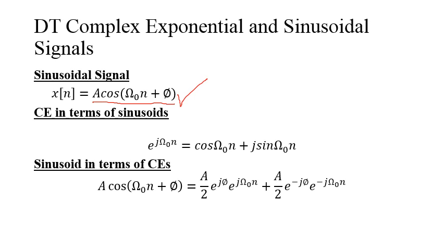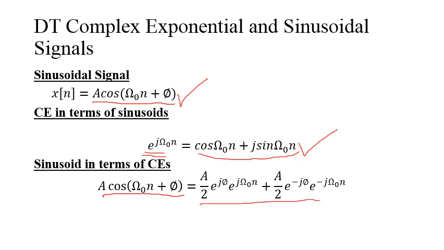So similar to the continuous time case, we can represent the complex exponential signal in terms of sinusoids using the Euler formula or Euler identity. So I think no need to explain this, because you understand. Similarly, here it is a cosine function, and the cosine function can be written in terms of exponential signals like this. So I hope that's clear.